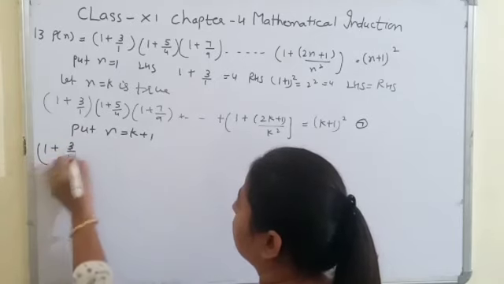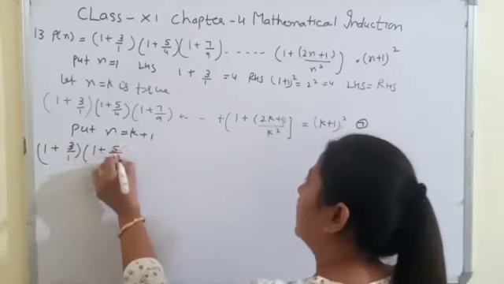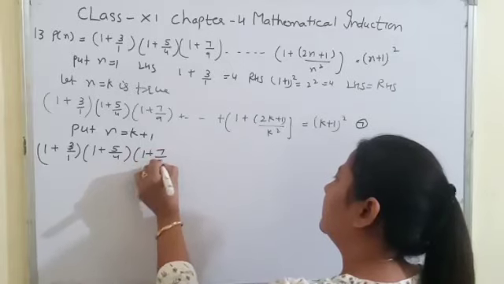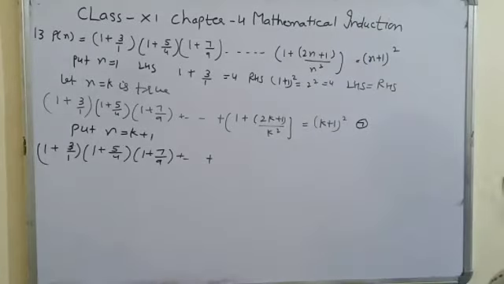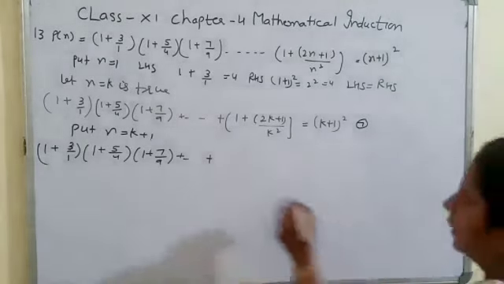1 plus 3 by 1, 1 plus 5 by 4, 1 plus 7 by 9, and so on. As usual, we will write the second last step, then move to the last.